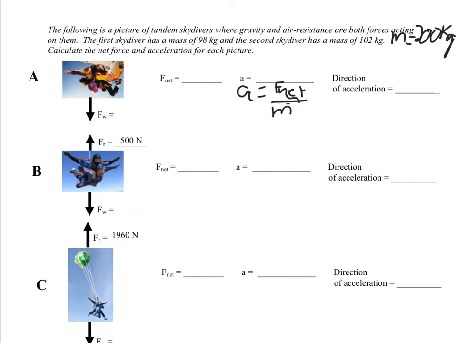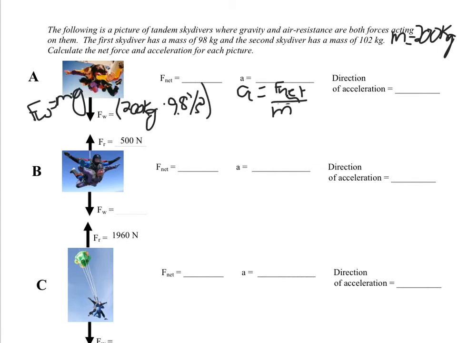Alright, force of weight. We also learned in our Newton's second law notes that force of weight is equal to mass times gravity. So in this case, the force of weight of these guys is just going to be 200 kilograms times gravity, which is 9.8 meters per second squared.